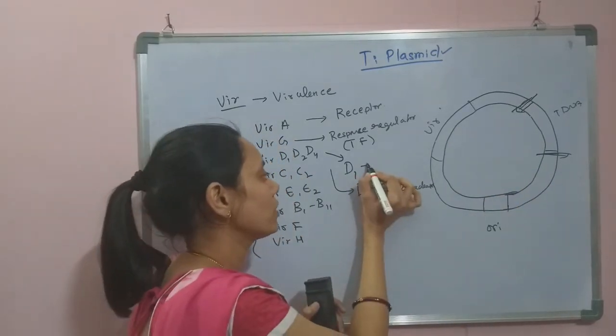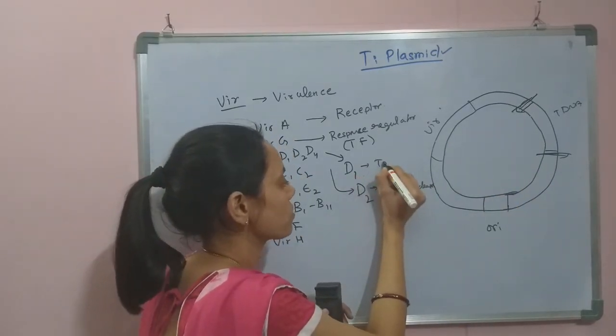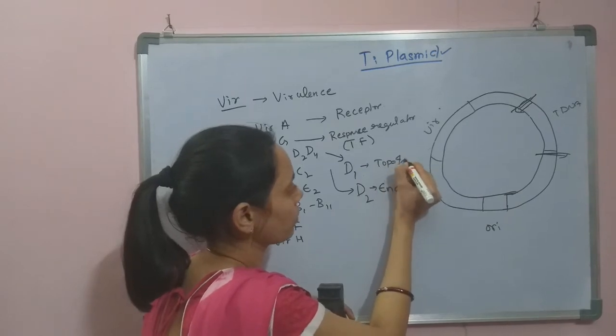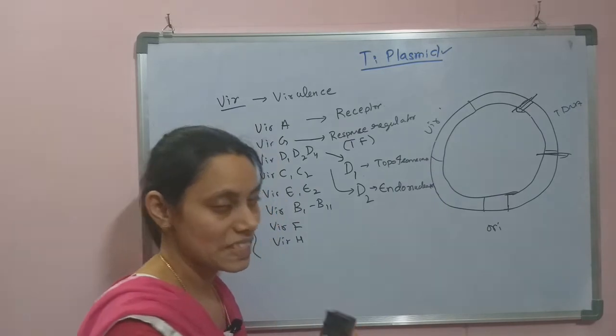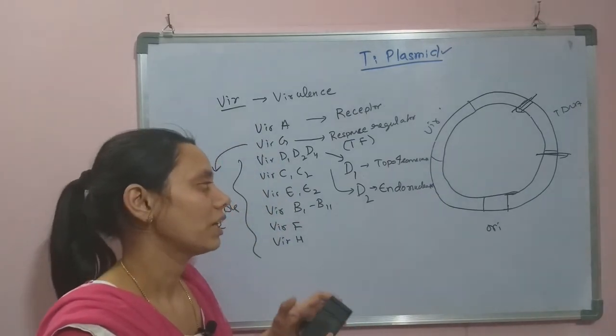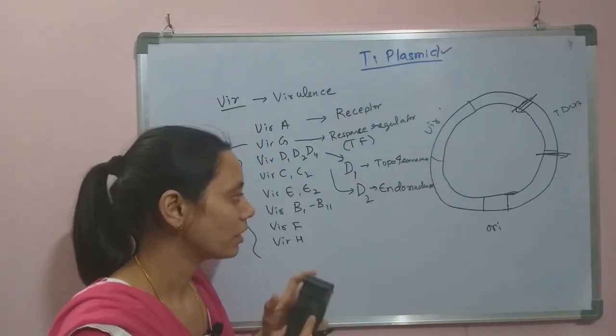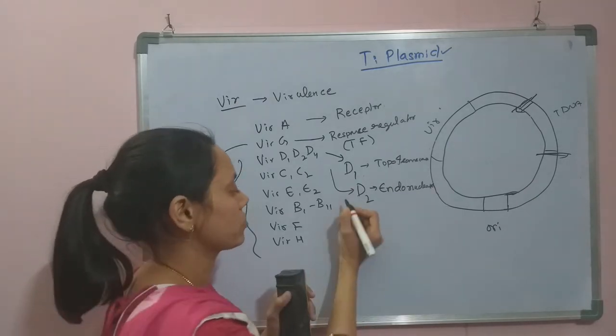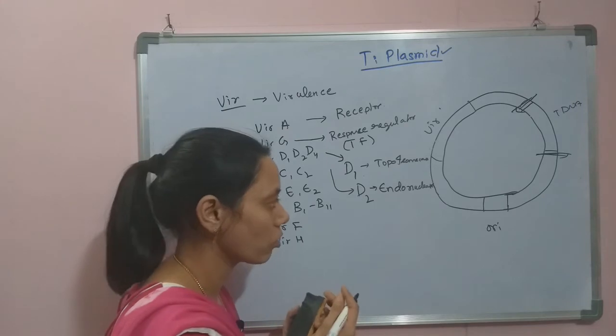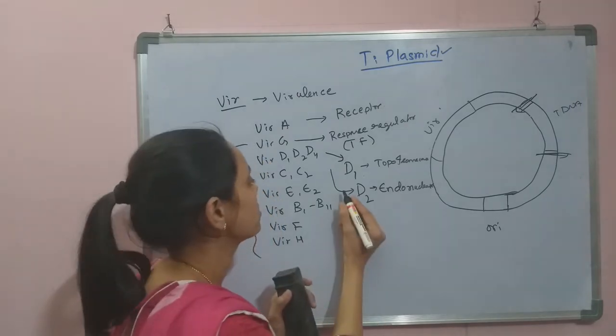So this D1 is a topoisomerase which detects the T-DNA borders, and it allows D2 to interact with the borders, and D2 is here an endonuclease which cleaves the borders.